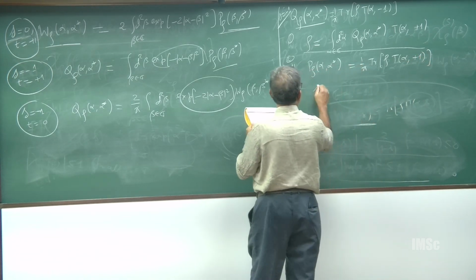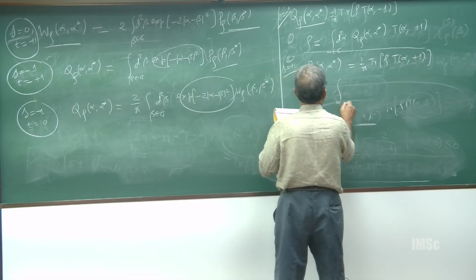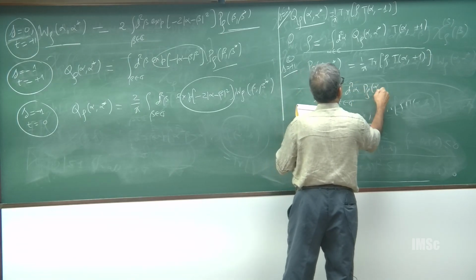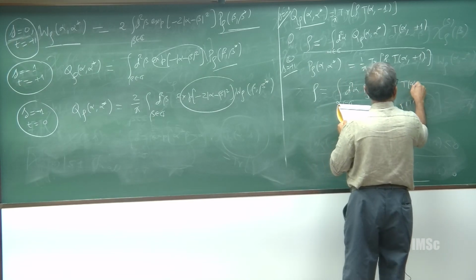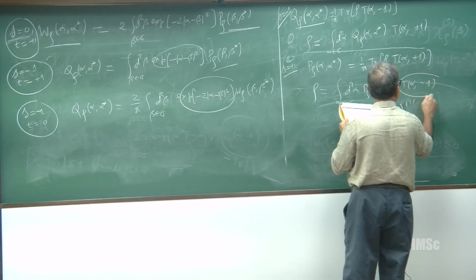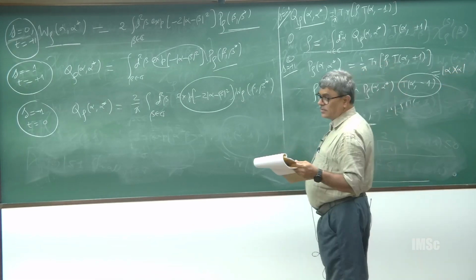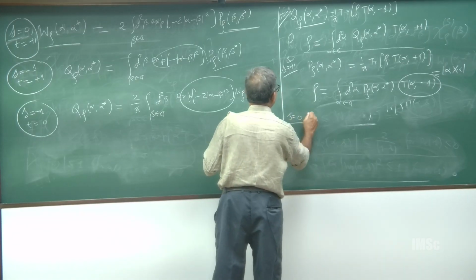In this case you can write rho as integral over alpha belonging to C, d square alpha P rho of alpha alpha star, and then T of alpha minus 1, and this T of alpha minus 1 is nothing but the projection on alpha.